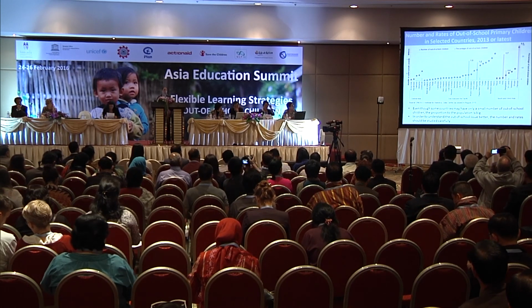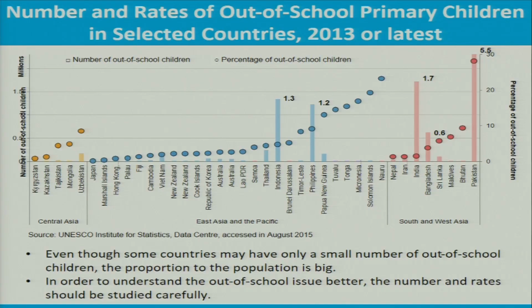On day one, I know that one of the speakers also presented this slide graphic. This is just to let you know it is very important to look at both the numbers and also the proportion. In some countries, even if the number of out-of-school children is very small, the proportion out of the population eligible to be in school is very high.